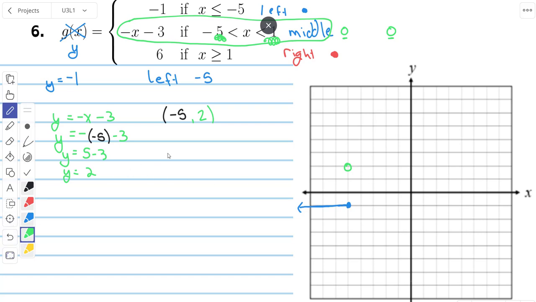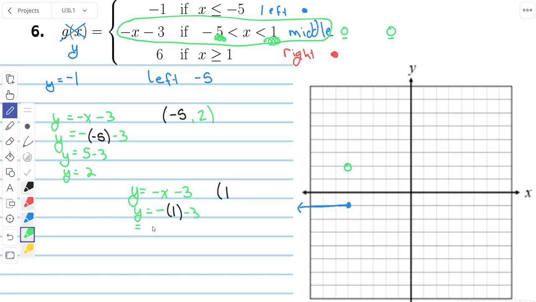Now let's test our other point. And so the next point we need to test is at -x minus 3 is what's happening at that 1. So y is equal to -1 minus 3.